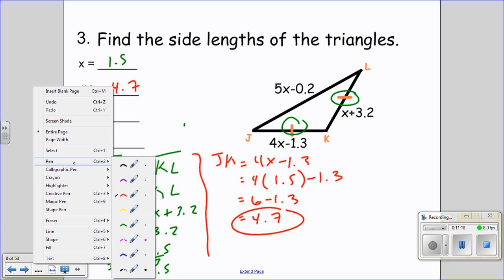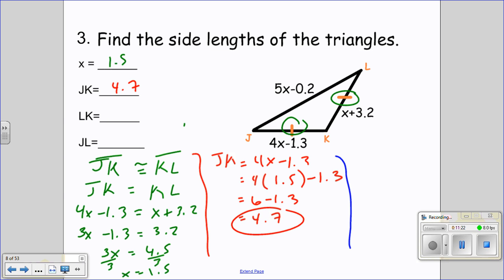Now I can find KL, which is equal to x plus 3.2, which is 1.5 plus 3.2, which again is 4.7, which we said should happen in the first place because they're congruent sides.